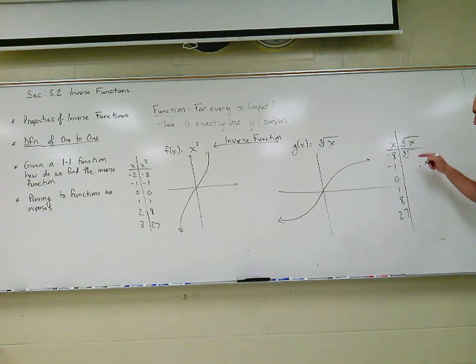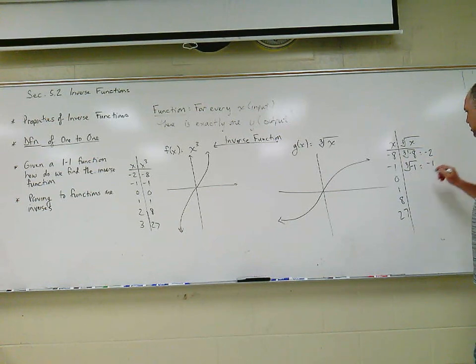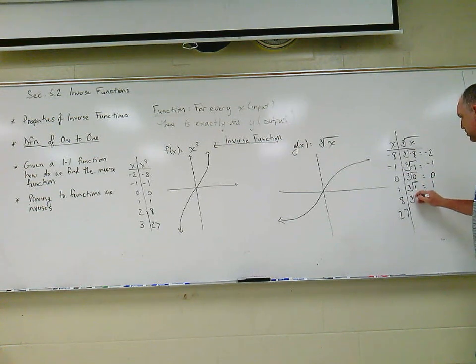And so if I do that, cube root of -8 asks what number multiplies by itself 3 times, we would get -2. Cube root of -1, -1. Cube root of 0, obviously, is 0. Cube root of 1 is 1. Cube root of 8, what number multiplies by itself 3 times to give 8? That's 2. Cube root of 27 is 3.